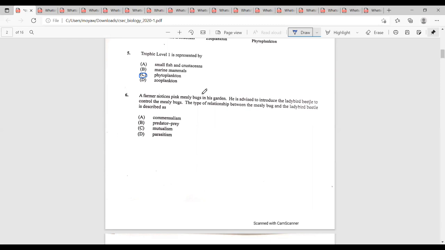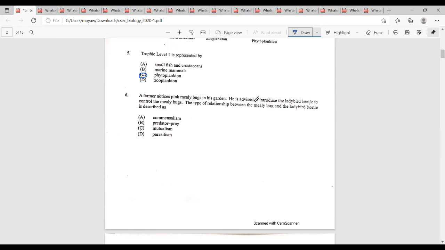I remember in his garden he would have his vegetables or his fruit. So the mealybugs probably are causing havoc. So they're probably eating his vegetables. So somebody told him to get the ladybird beetle to help control it, which would be to eat the mealybugs, right?